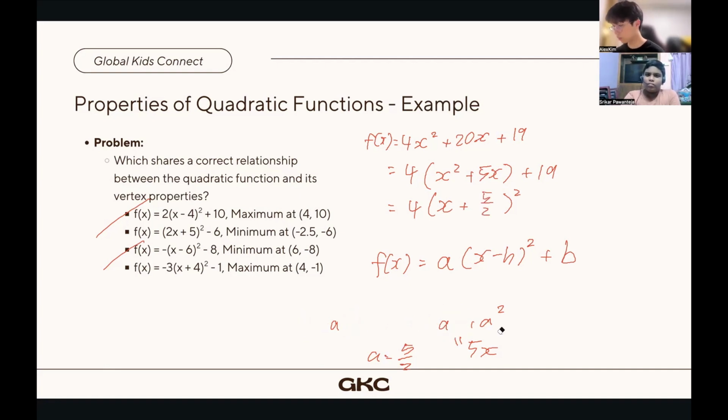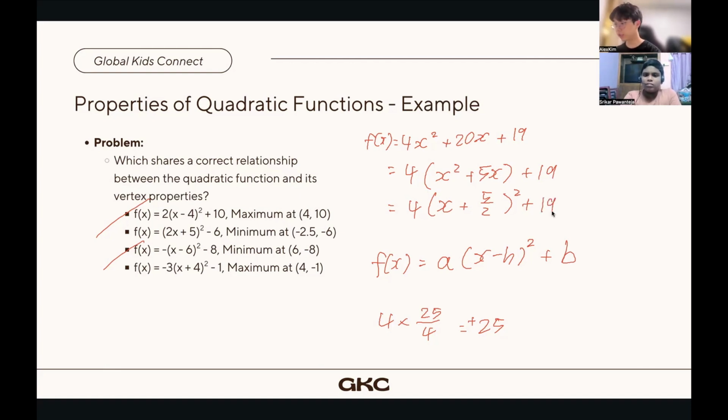If we are to do this, then the constant value will actually change because 5 over 2 squared will result in 25 over 4. And then this 4, that is the coefficient, will be multiplied to this constant so that we get an extra 25. But we don't want 25 plus 19, we just want 19.